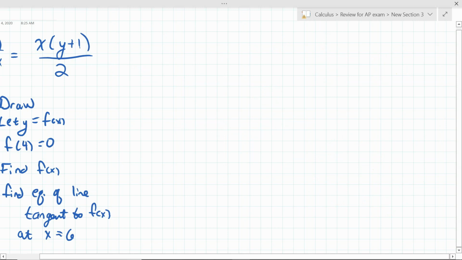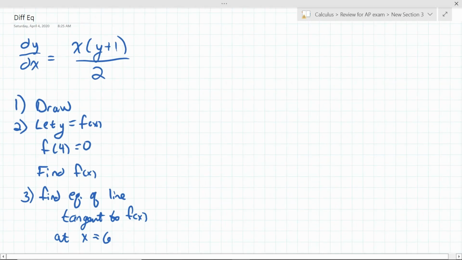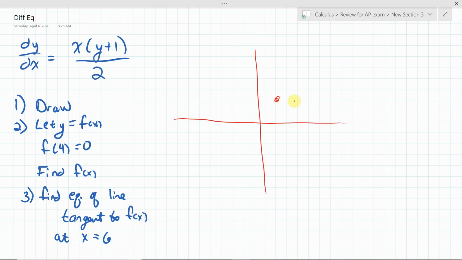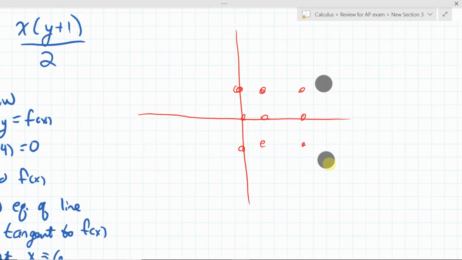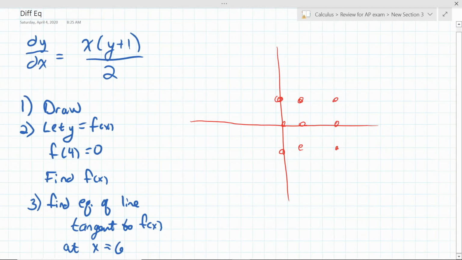So coming in here now, what if I asked you to draw a slope field for a differential equation? Sometimes they do this on the AP exam, and usually they don't give too many points. So maybe they would give a series of like 9 points or something like that, and they would just say sketch a segment that would represent the slope field given the differential equation.